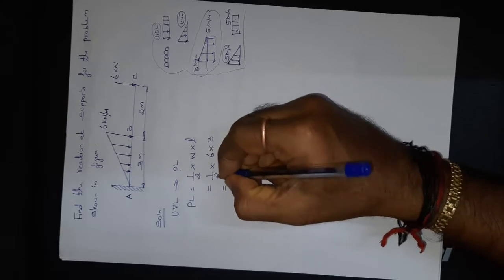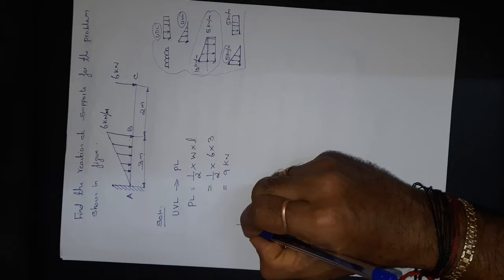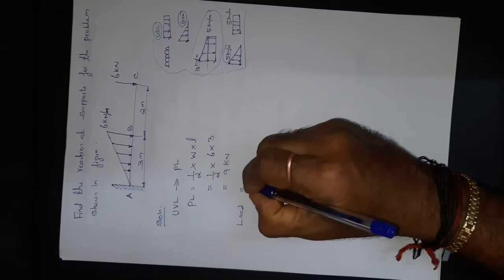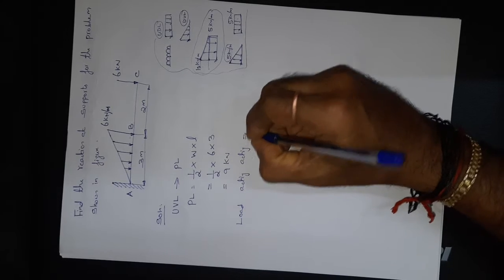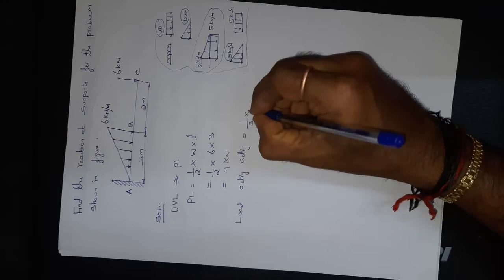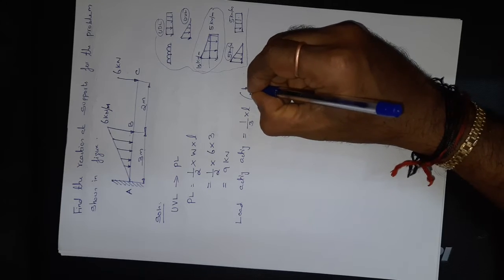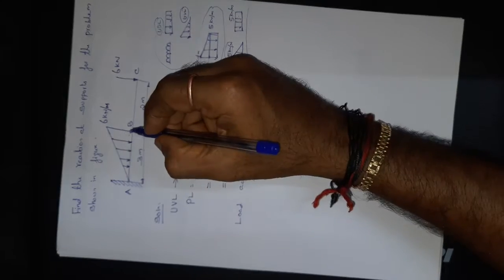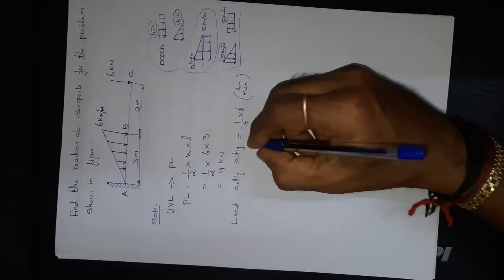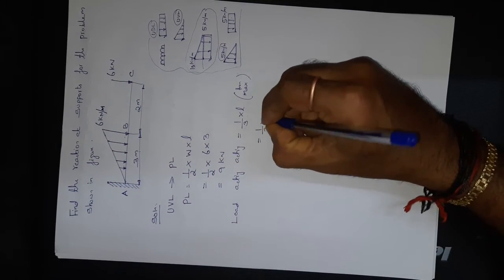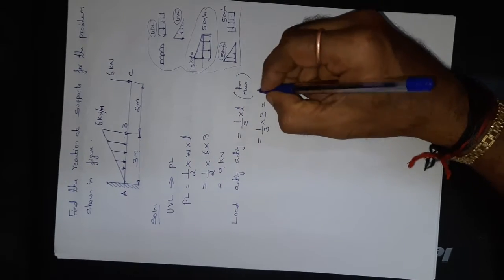So if we calculate, it is 3 into 3, which is 9 kilonewton. And the load acting point is equal to 1 by 3 into L from the maximum load side, right? That is equal to 1 by 3 into length of the UVL, 3 meter, which is equal to 1 meter.